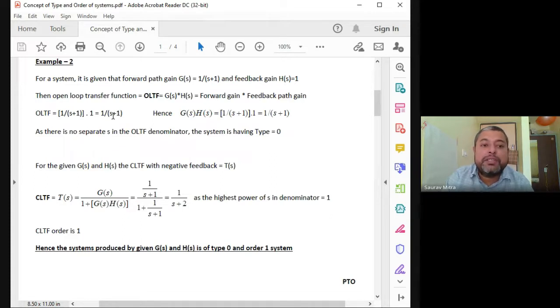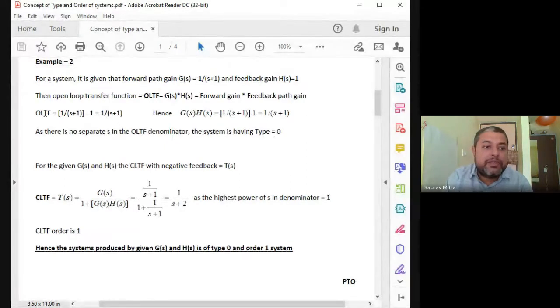Where is this pole situated? This pole is situated at s equal to minus 1. Is there any pole for OLTF at s equal to 0? There is none. So here there is only one pole and that pole is at s equal to minus 1. There is no pole at 0 for OLTF. Hence, the system is having type equal to 0.